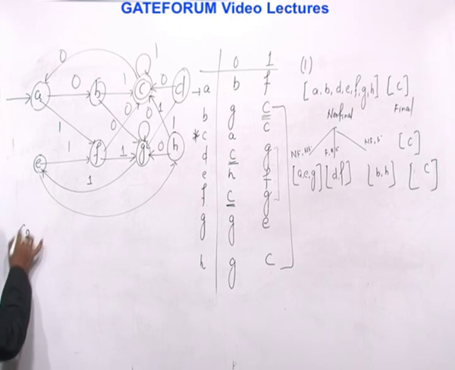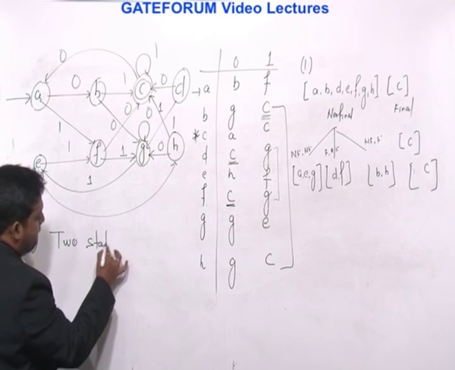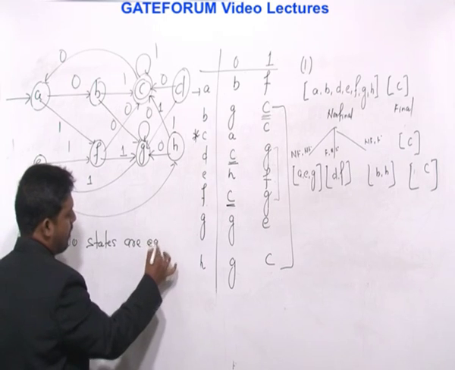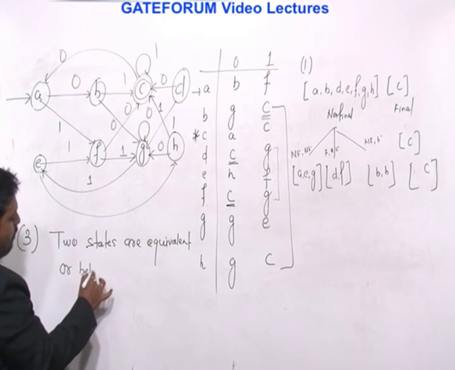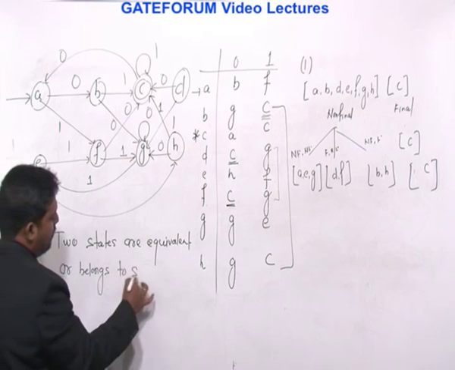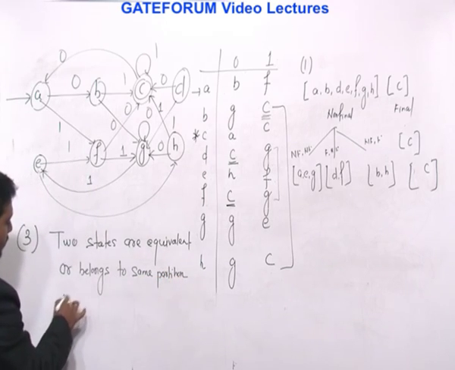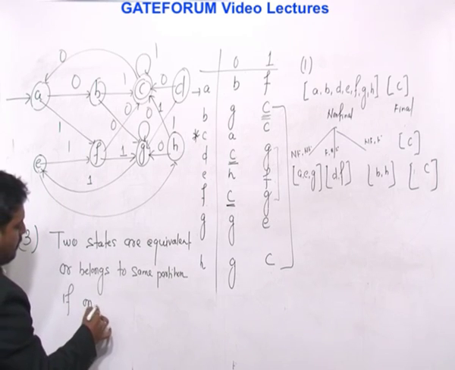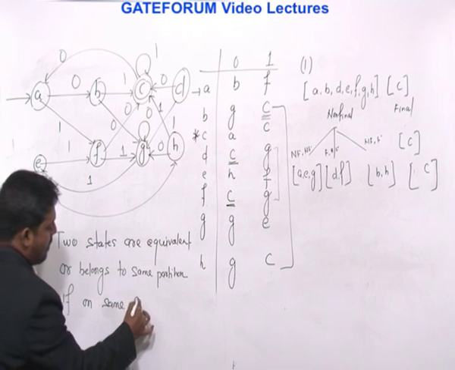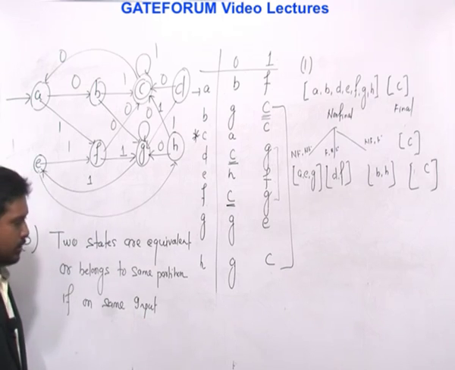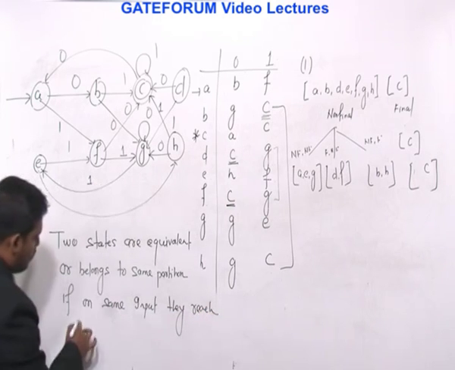So the third step is this: two states are equivalent, or belong to the same partition, if on the same input they reach the same partition.